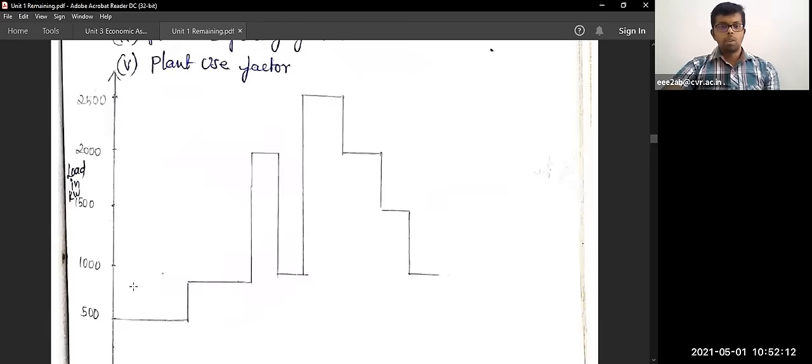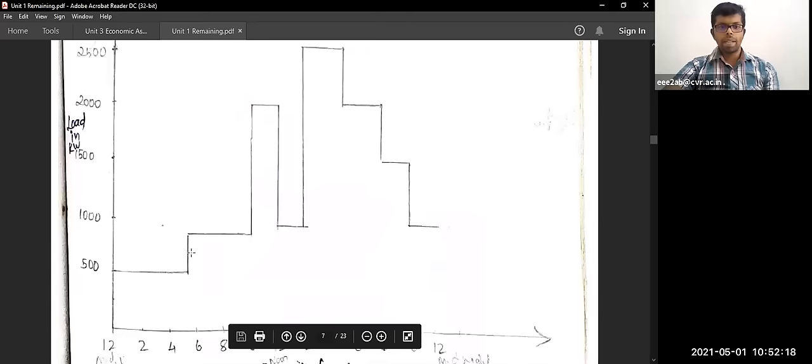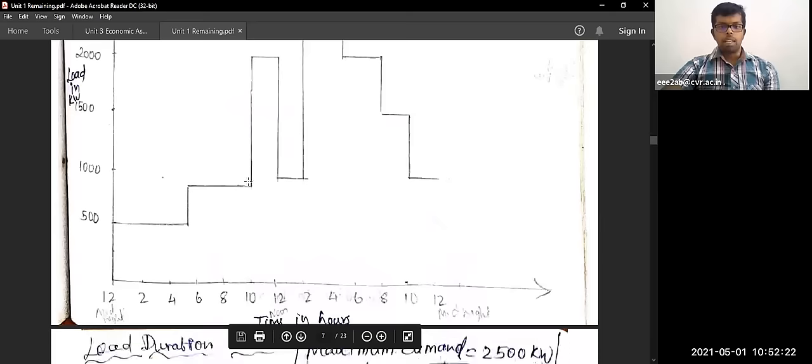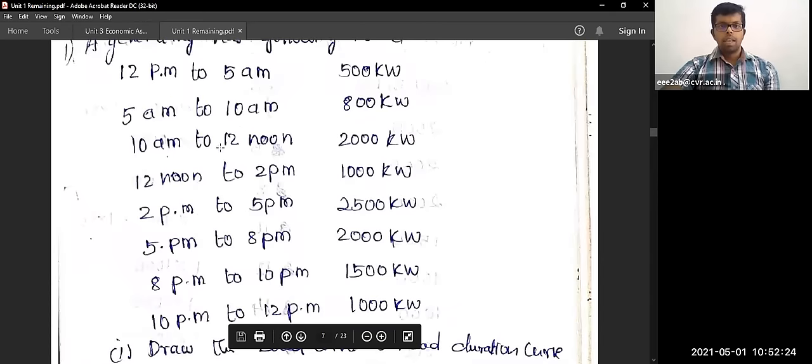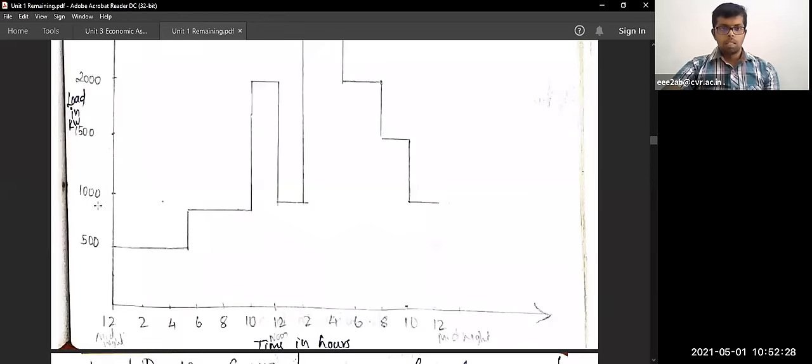So 12 a.m. to 5 a.m. is 500 kilowatt. Next, 5 a.m. to 10 a.m. is 800 kilowatt, approximately coming over here.